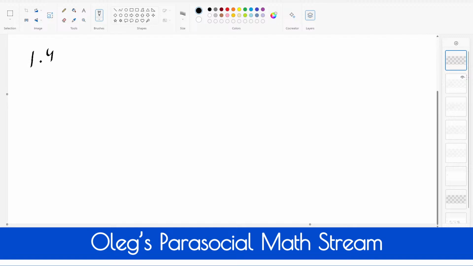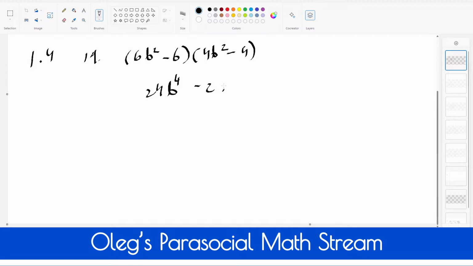All right. And now we're going to go with 19. 6b squared minus 6. And then we have 4b squared minus 4. Okay, so 6 times 4 is 24b to the 4th power. 6 times 4 is negative 24b squared.